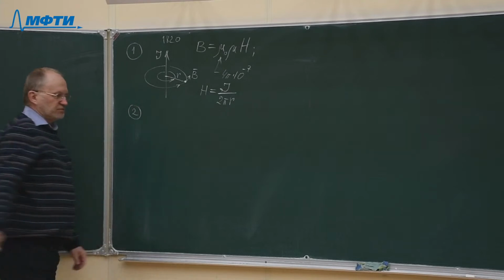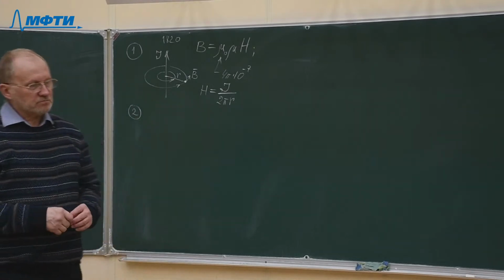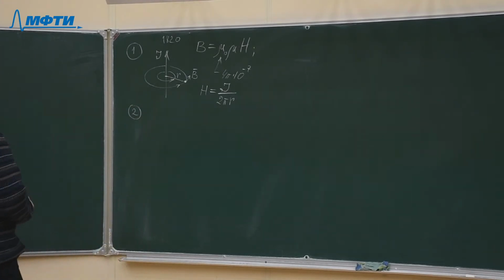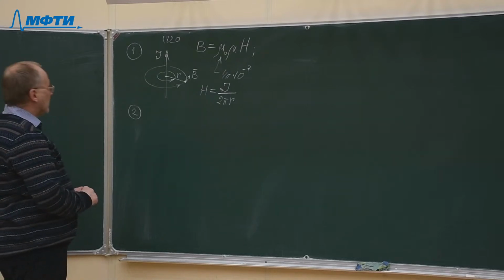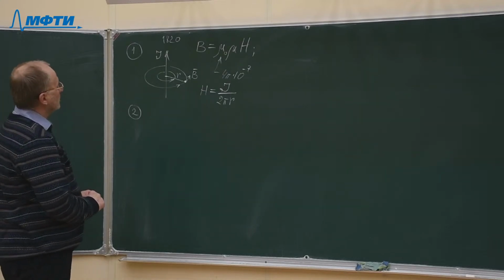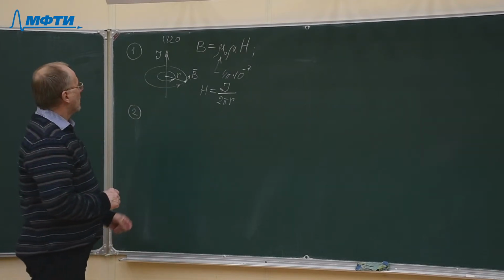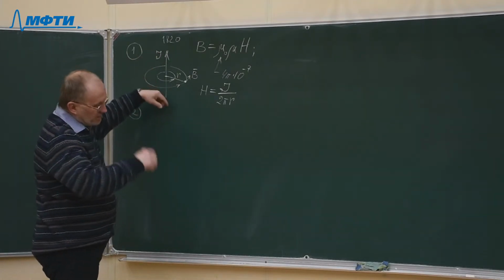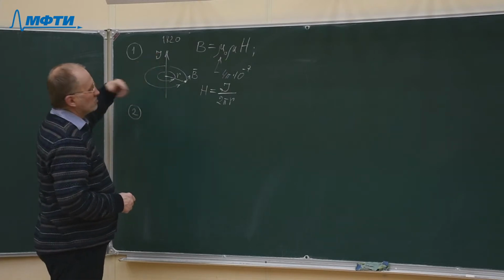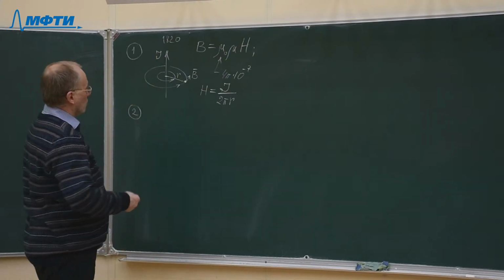The second fact which we discussed consisted in the creation of a magnetic field by a wire which is bent in such a way that it forms a spiral or a coil.